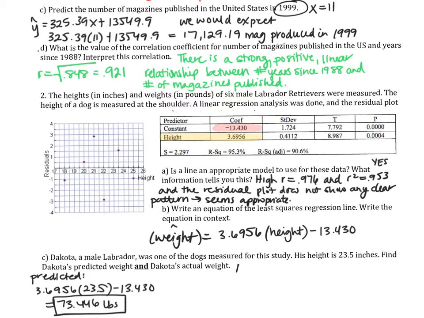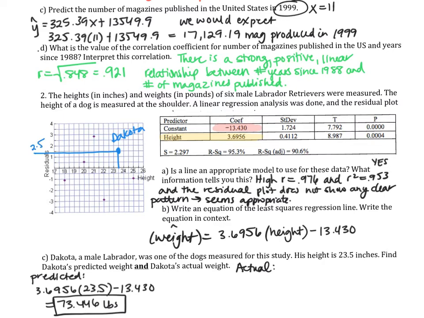Now to find his actual weight, this is going to be a little bit more tricky. We're going to have to use our residual plot. Dakota the male Labrador has a height of 23.5 inches, that's x. So we can come over on the residual plot and see this point right here corresponds to Dakota. And this has a residual value of 2.5.